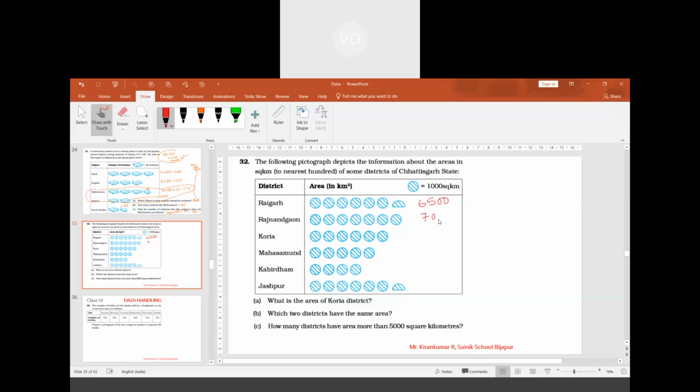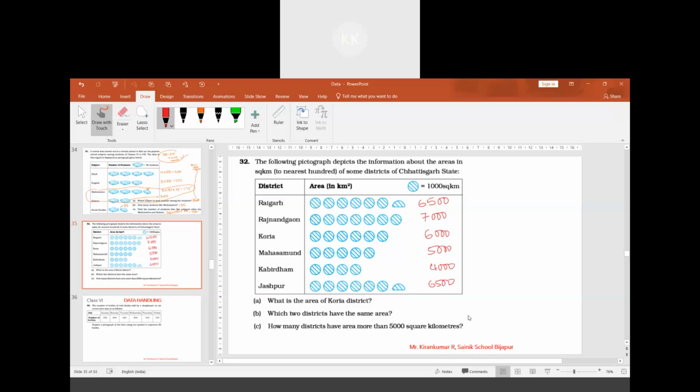Here there are 7 full, 7,000. 6 full are there, 6,000. 5 full are there, 5,000. This is 4,000. Next one you see, there are 6 complete. So 6,500.